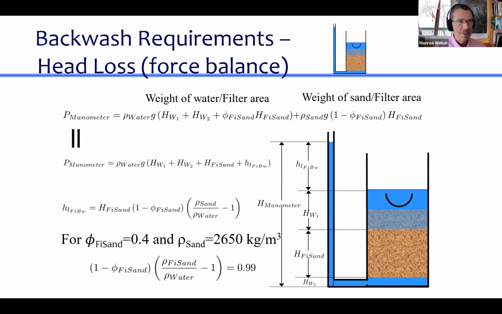Because fluidization is about a force balance. It's about there being enough pressure on the bottom of the filter to hold up all the water and all the sand that's on top of it. And once that pressure meets that value, it will fluidize the sand.